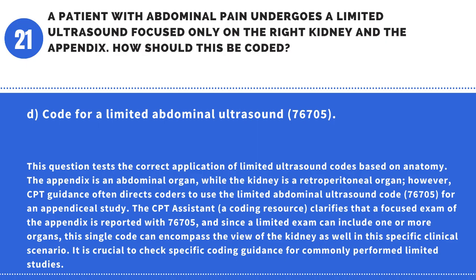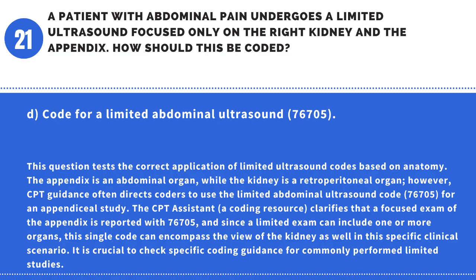Answer: D. Code for a limited abdominal ultrasound, 76705. This question tests the correct application of limited ultrasound codes based on anatomy. The appendix is an abdominal organ, while the kidney is a retroperitoneal organ. However, CPT guidance often directs coders to use the limited abdominal ultrasound code, 76705, for an appendiceal study.